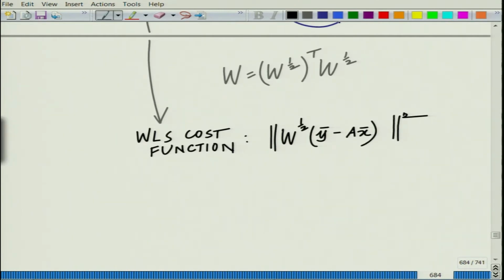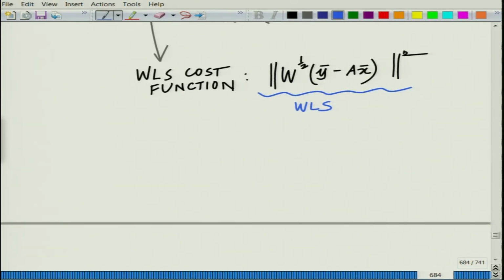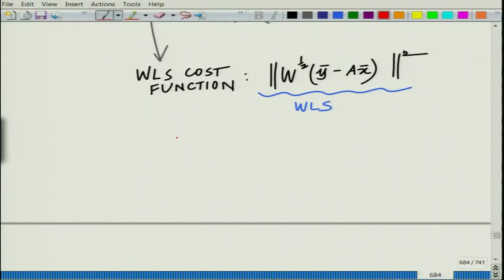This is your weighted least squares cost function. Anyway, we have simplified this further. In the previous module, we have derived the weighted least squares estimate, and we have seen that it is given as follows. So, I am now going to write the weighted least squares estimate.